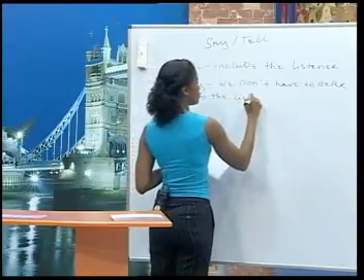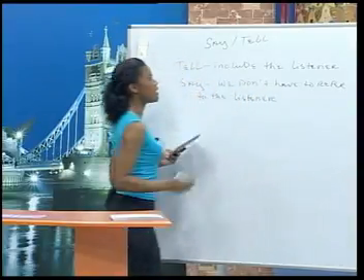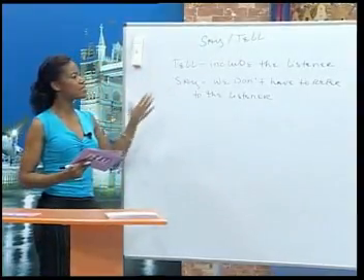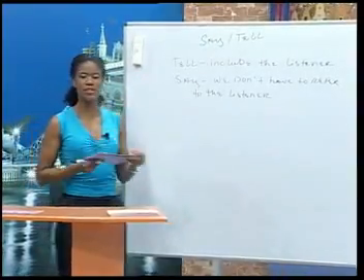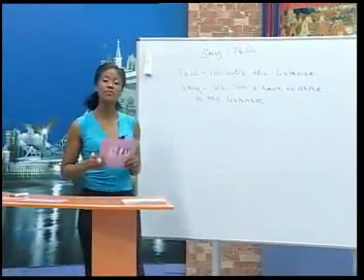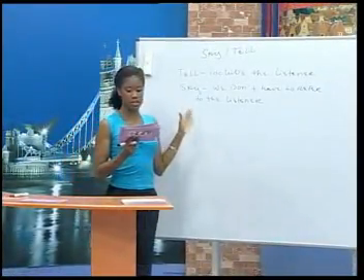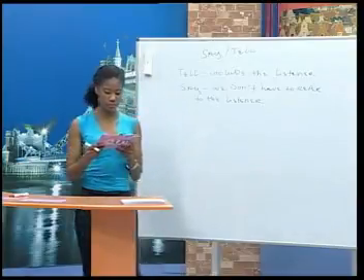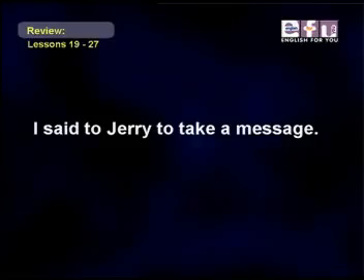Okay, very important. Tell includes the listener. Say does not have to refer to the listener. We can include the person with say if we use a preposition. For example, I said to Jerry to take a message.